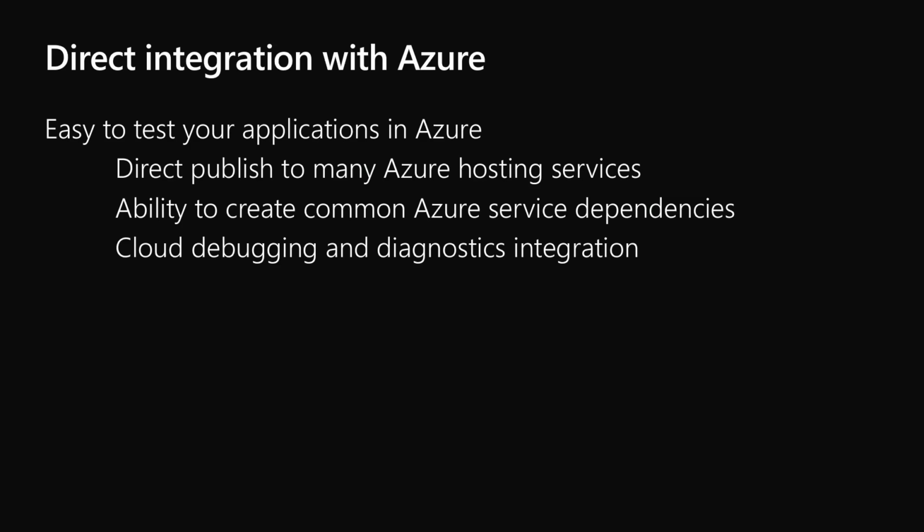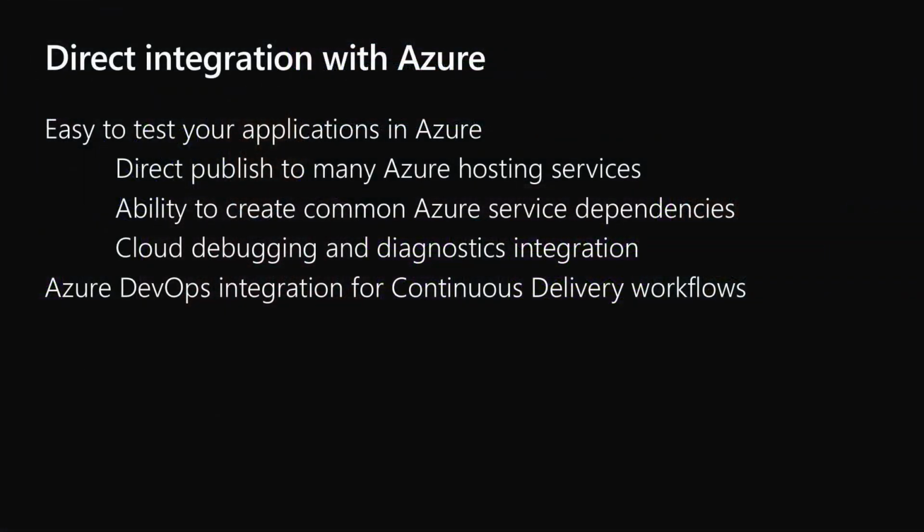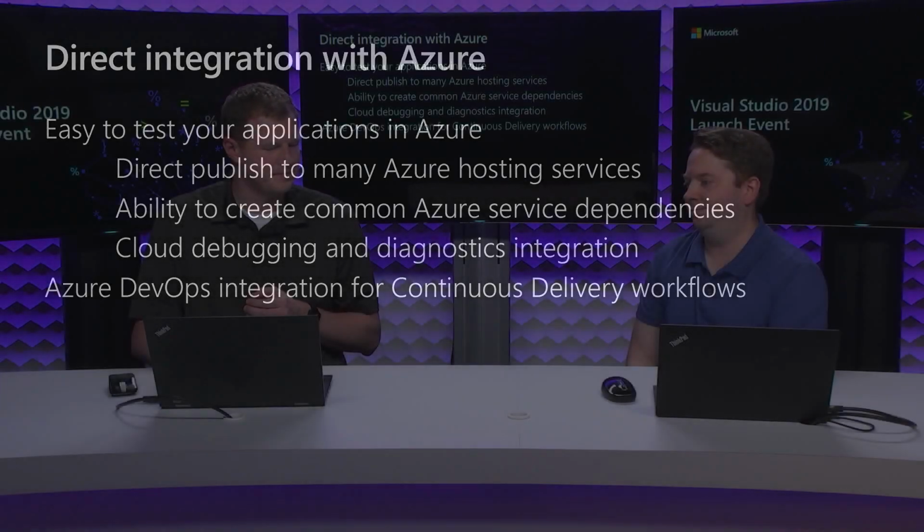We also have some really great diagnostics integration that I think you're going to show us in a minute. And the last thing that I didn't show, but it's worth mentioning, is we have really great interaction with Azure DevOps. So if you want to set up CI/CD pipelines, use Azure DevOps to deploy and build as part of a continuous delivery, continuous integration workflow, that's all just native in Visual Studio as well.